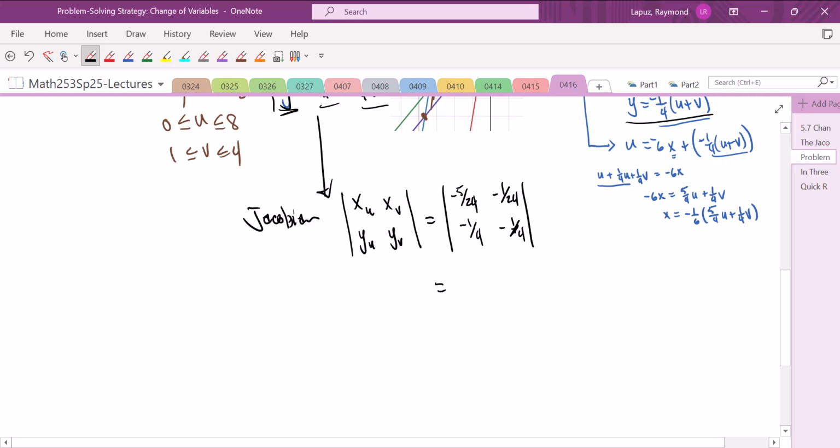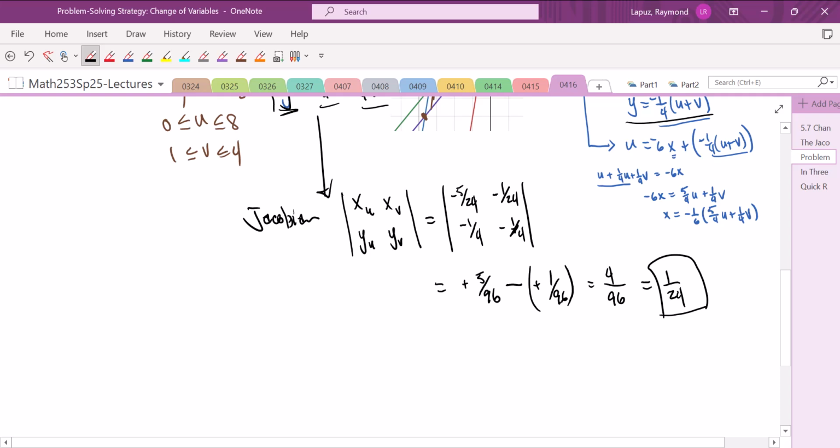So this is negative, negative, so it's a positive 5 over 96 minus a negative, negative, so that's another positive 1 over 96. So 5 minus 1 is 4. That goes in, right? So the Jacobian is 1 over 24.